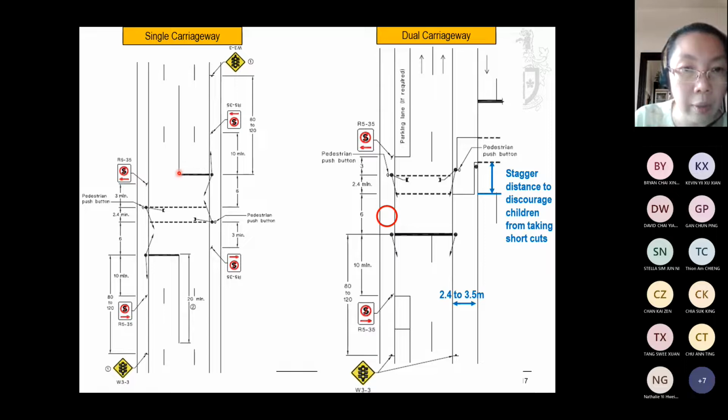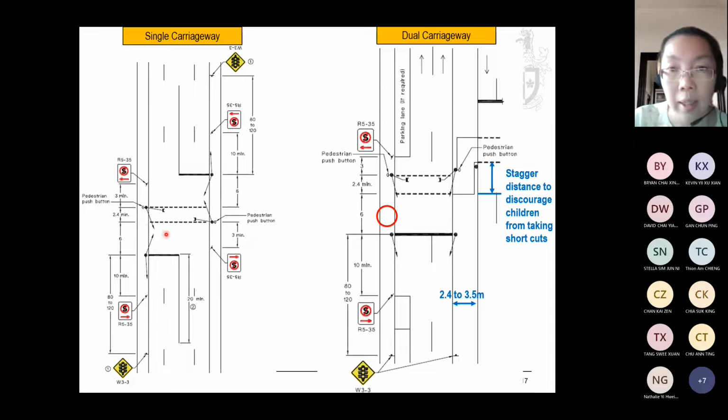What we do is we have a stop line here for pedestrians and a traffic signal. And this is the crossing part for pedestrians, 6 meters away from the stop line. The pedestrian crossing width is about 2.4 meters. There's a push button here for pedestrians to activate the traffic signals.